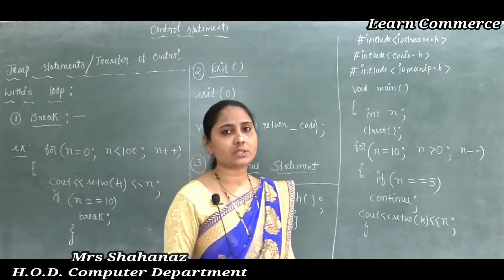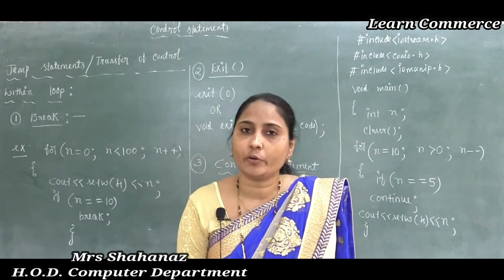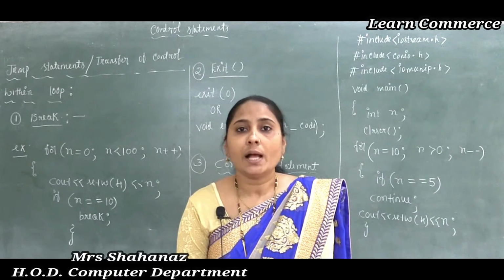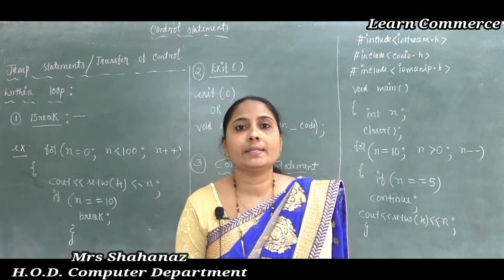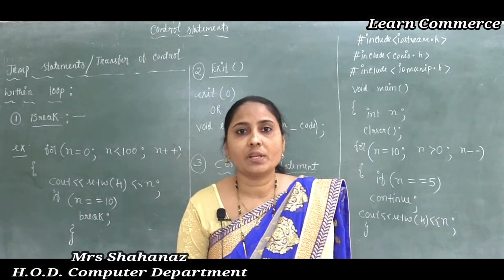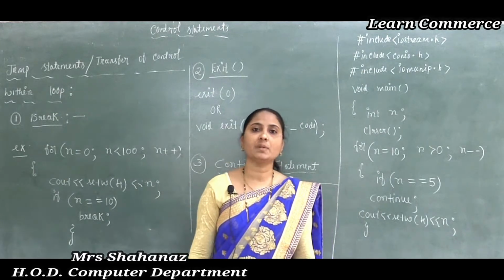Before starting the meaning of the jump statement, or the transfer of control within a loop, let's first look at the meaning of the loop. It is the ability of a programming language to repeat a set of statements again and again until the given condition becomes satisfied.